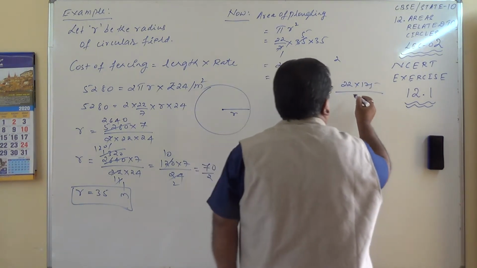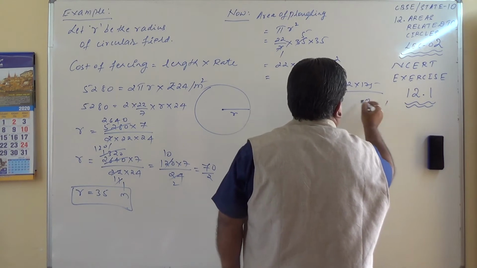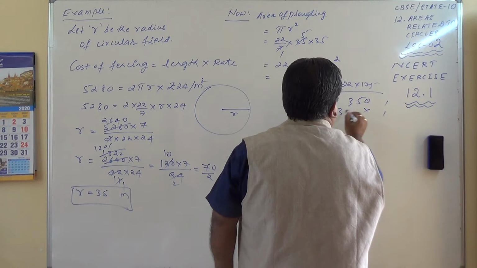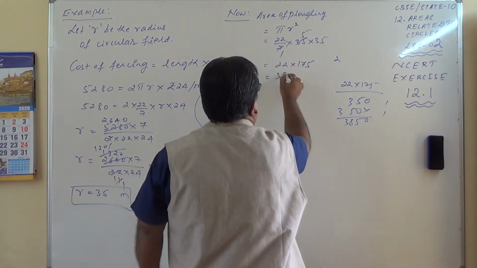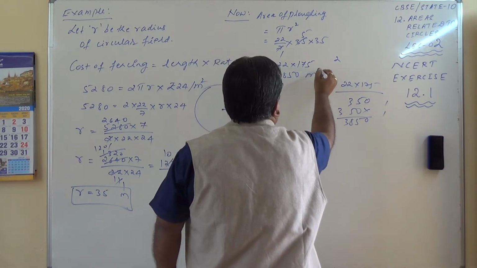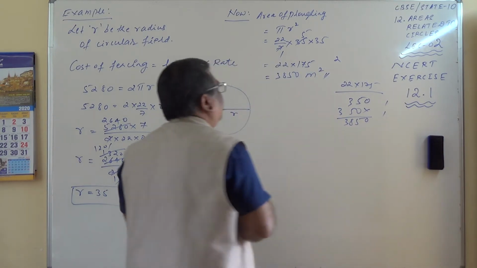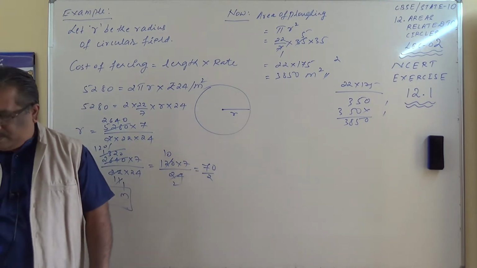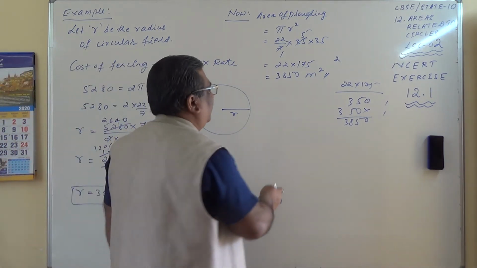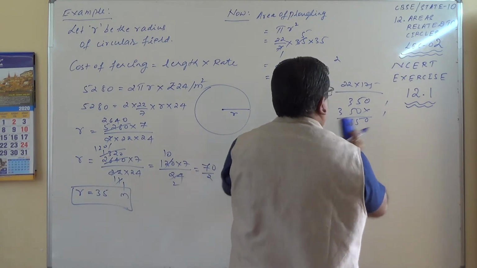Calculating this area, 22 into 175 is 3850 square meters. Let me check whether it is correct or not.